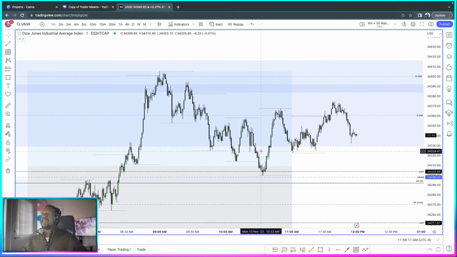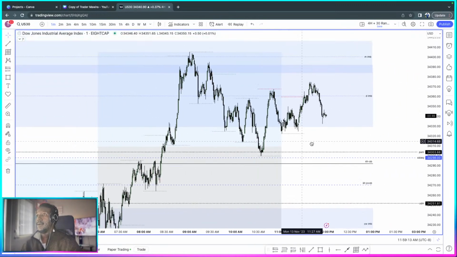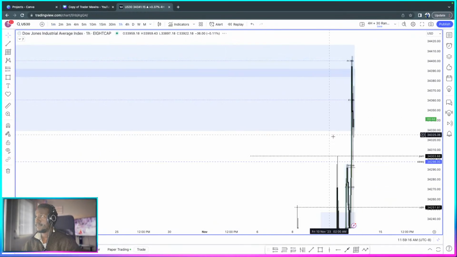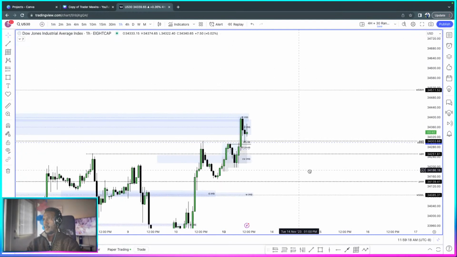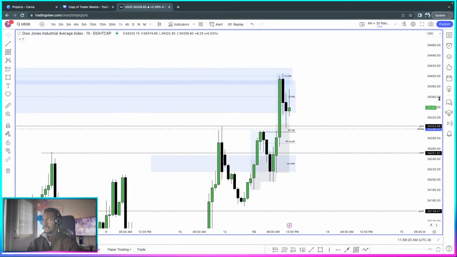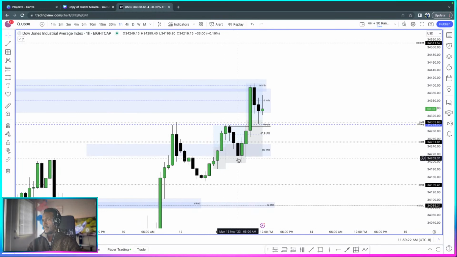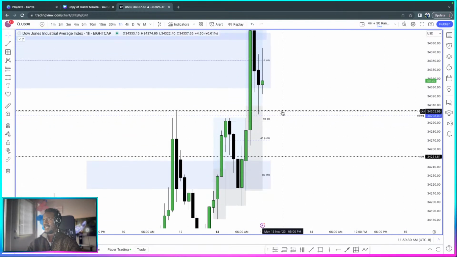Now I can see that now we are bearish, but looking at the 1 hour, we might have a problem here, because this is a down candle that we shot up. So this could just be offering some sort of OTE, get here and shoot up.